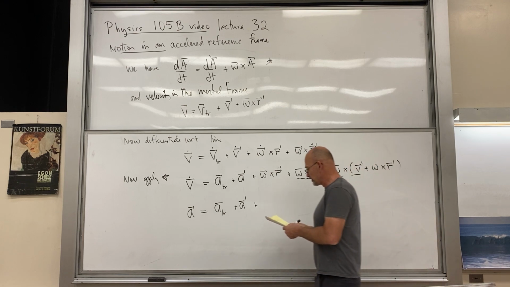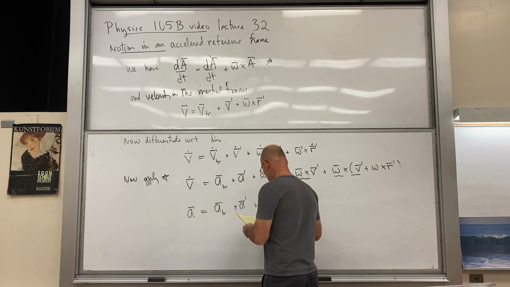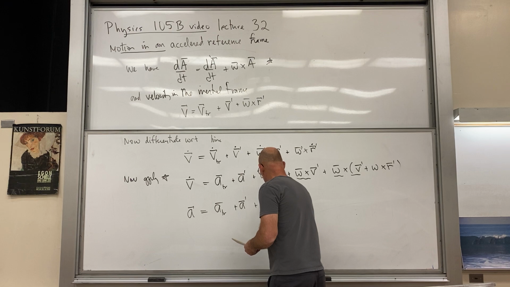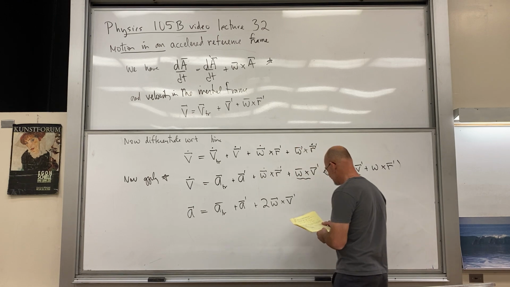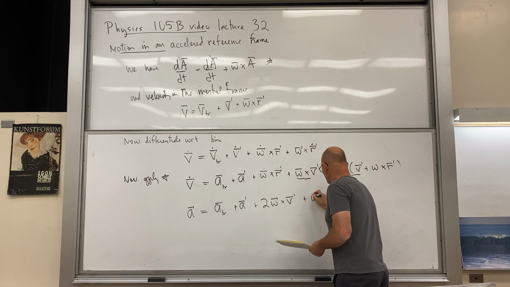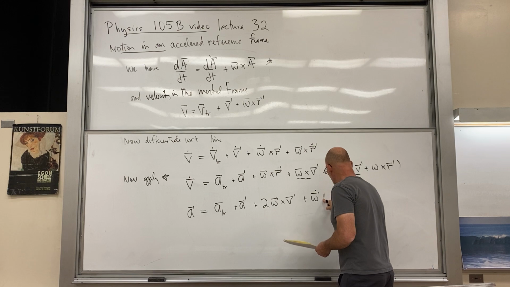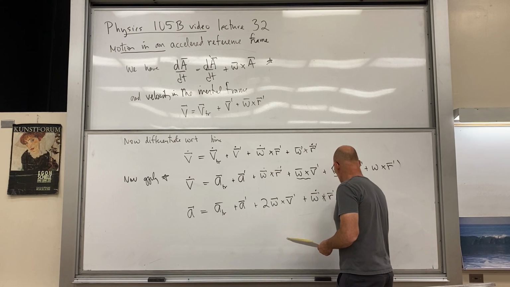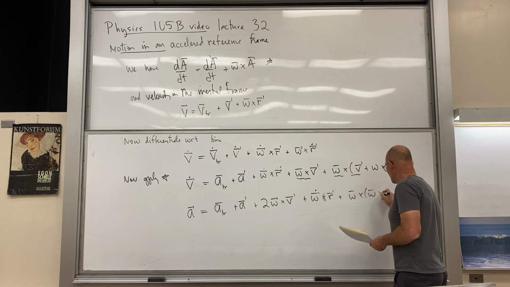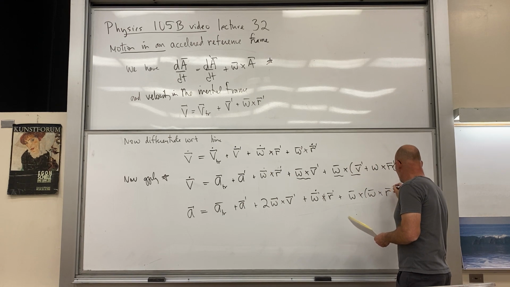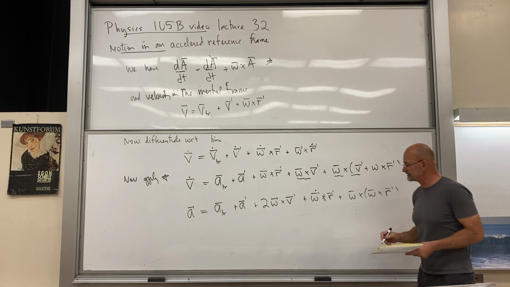So we have plus 2 omega cross v in the prime system. We have omega dot cross r in the prime system, and then we have omega cross omega cross r in the prime system.